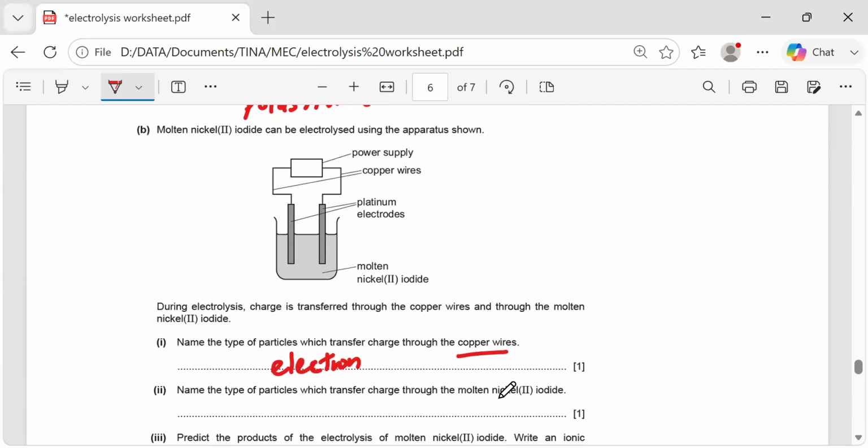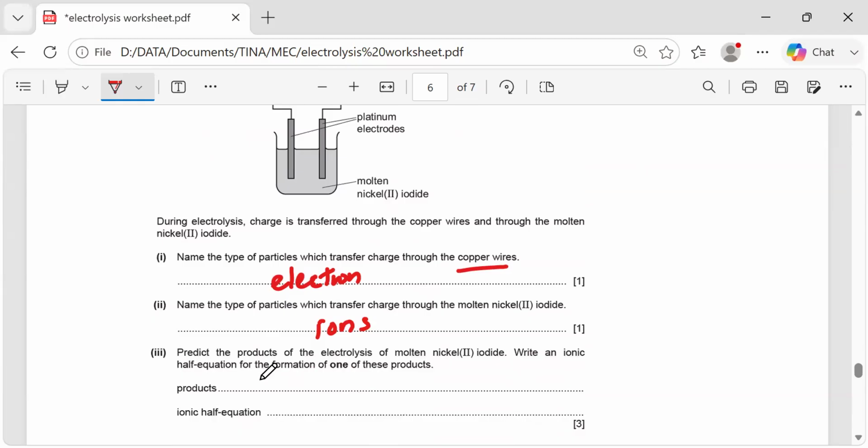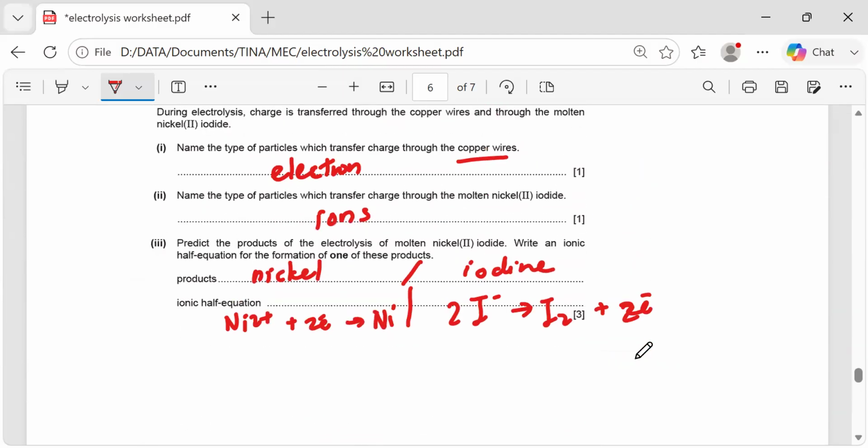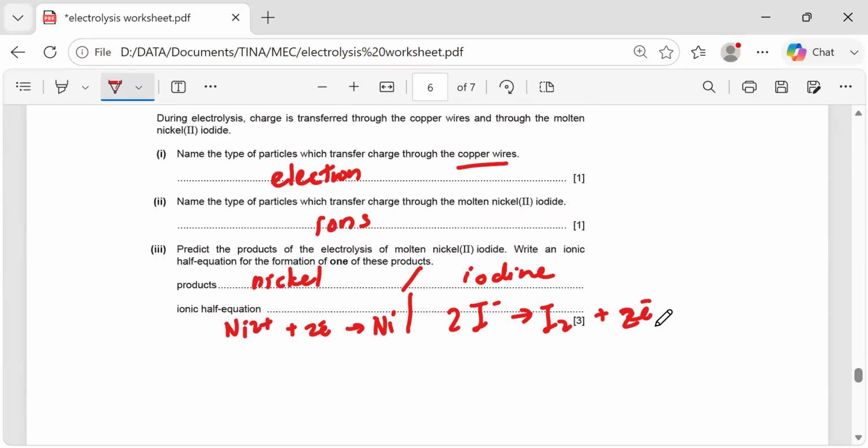In the ionic compound is ions. So you want to write nickel or you want to write iodine, it's okay because they ask whichever. If you want to do nickel, then you do the nickel equation. If you want to do iodine, then you do the iodide equation. Up to you. Because the question says whichever.